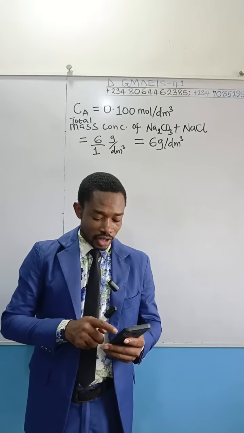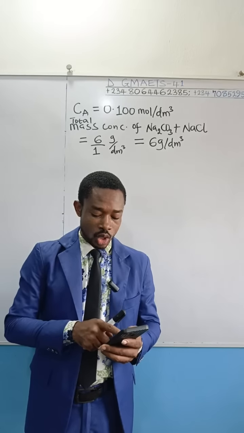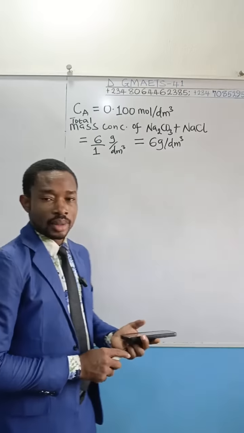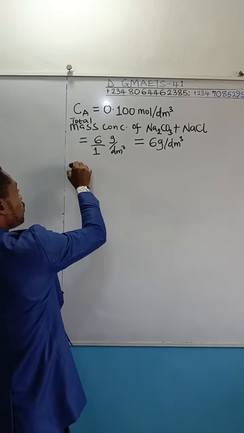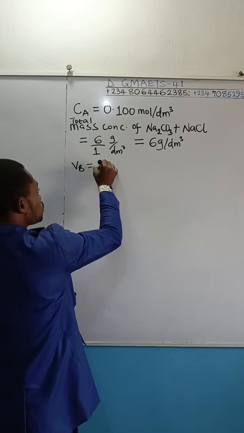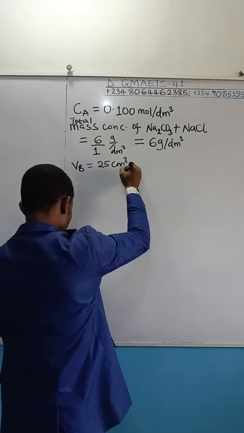The question went further to say that 25 cm³ portion of B is the base. B is the base. So volume of the base is equal to 25 cm³.